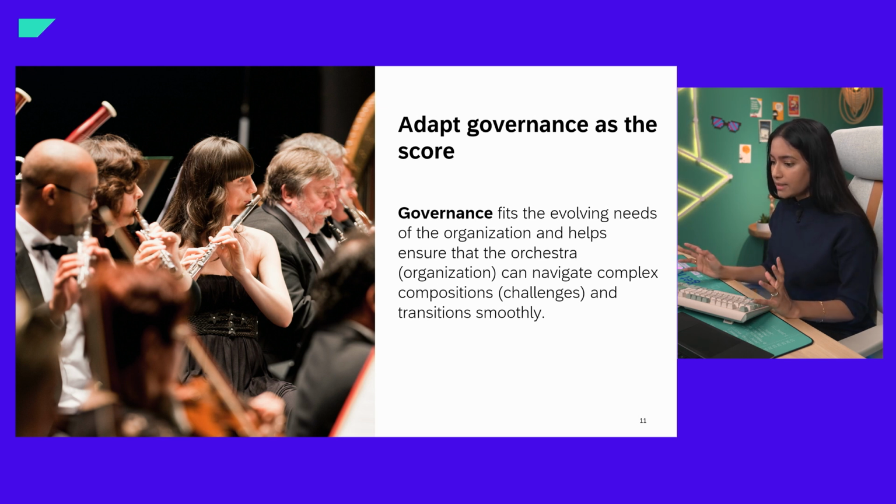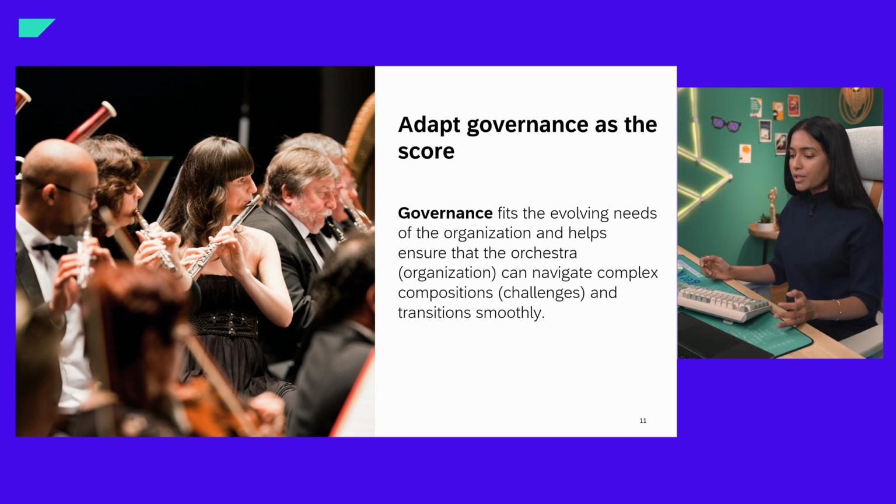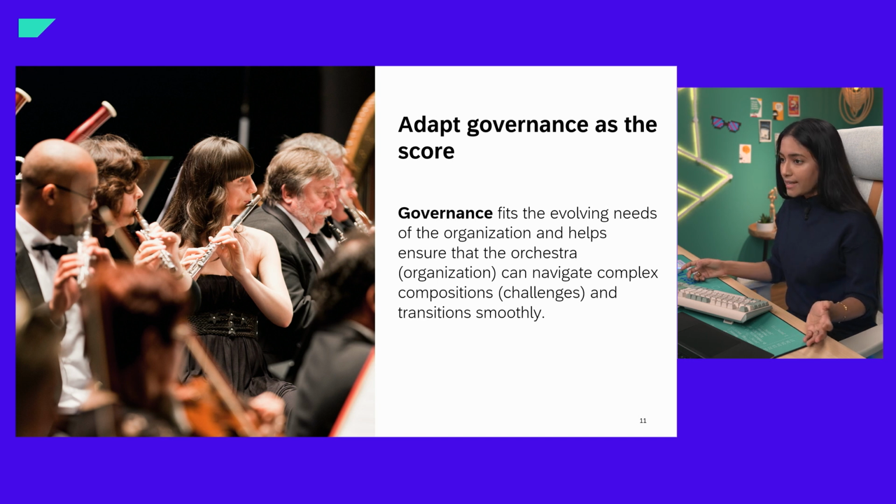This flexibility ensures that the orchestra, or the organization, can navigate the complex compositions and transitions smoothly. Governance provides guardrails, but it also provides methodologies to ensure continuity from fusion teams, and manages the growing body of technological assets and adjusts processes based on feedback and lessons learned.